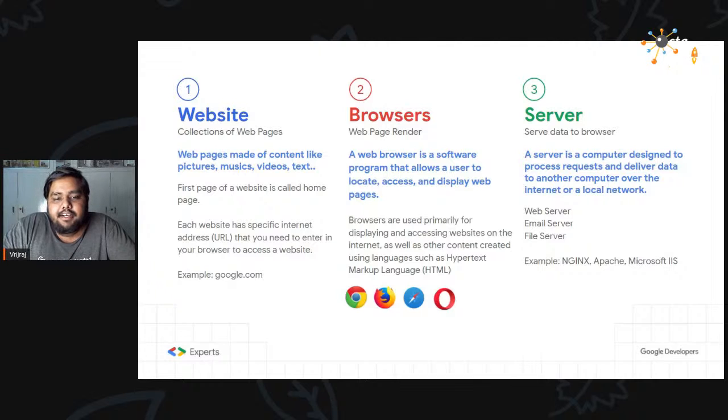And the third one is the file server. We use a file server for downloading or uploading files over the network. All these servers can be considered a combination of an entire web application. For example, if I open Google Drive, first I need to access the web page.